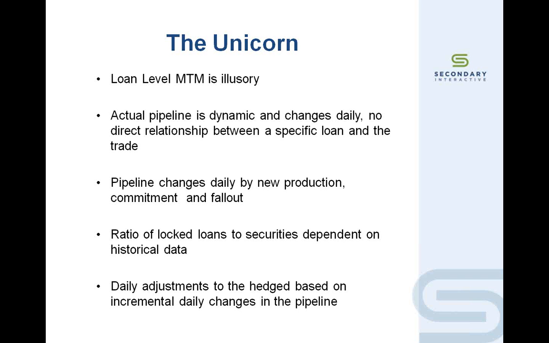On day two, to make a very simple example, say another $1 million comes in, but 500,000 falls out, so we only had a 500,000 net change in the pipeline. Now we sell forward another 400,000, but we're not covering the same loans that we had on day one because half of those loans are gone. So we didn't pair out of 400,000 and add a new trade.